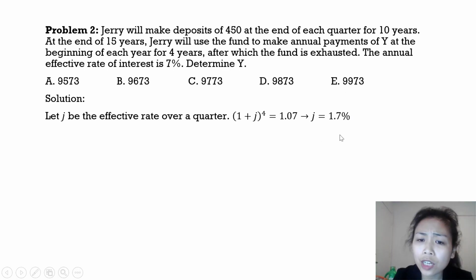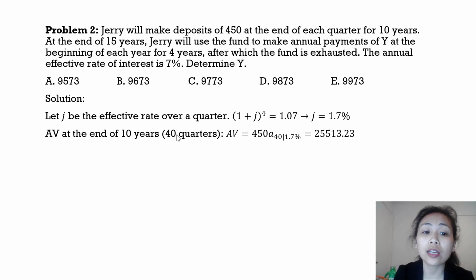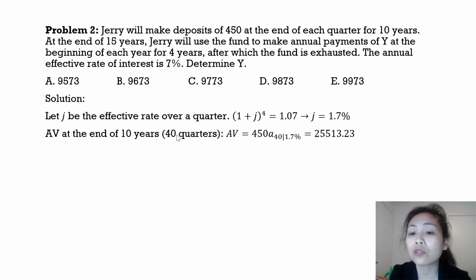Now we are going to use J to define the accumulated value at the end of 10 years. So the accumulated value at the end of 10 years, which means 40 quarters, is 450 s-angle-40 at 1.7%, which is $25,513.23.